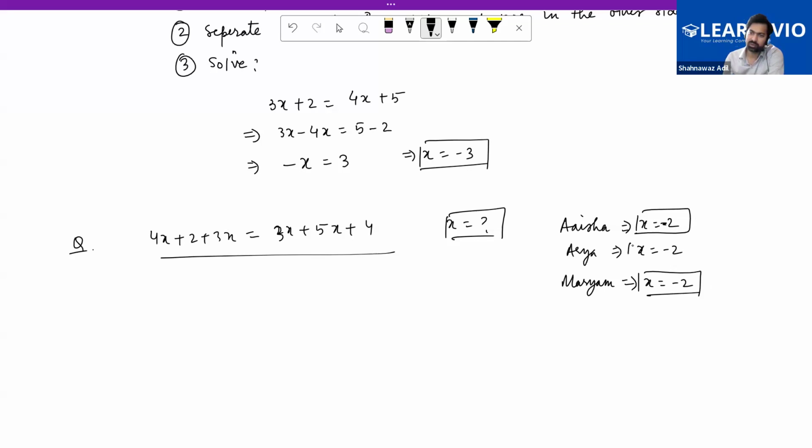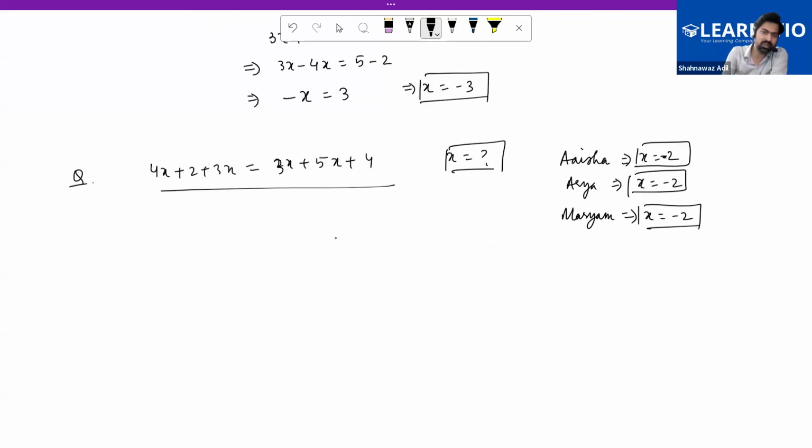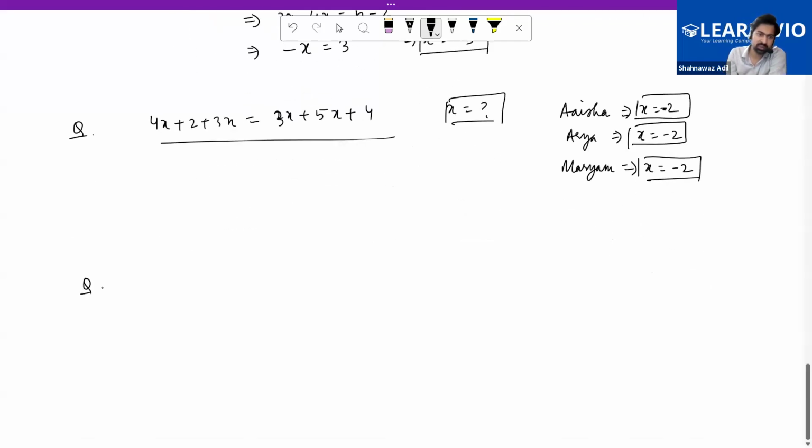So now let's complicate this question further. So let's say this is 3 by 5x plus 4 by 3 and plus 2 by 3x equals 3 by 4x plus 5 by 7x plus 5. So now what would be x?